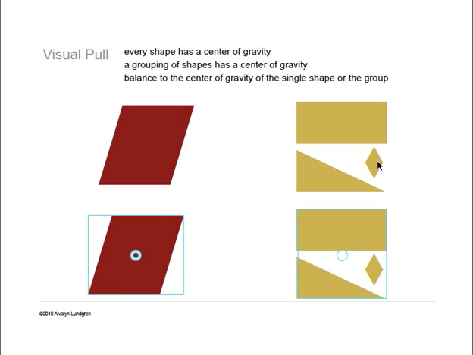When we have a group of shapes, each individual shape has its own center of gravity visually. The group of shapes, though, remember the Gestalt theory of proximity, the group will become one thing in our understanding, and we treat it as one thing, and therefore, being one thing, that group has its own center of gravity that is separate from the centers of each of the shapes.